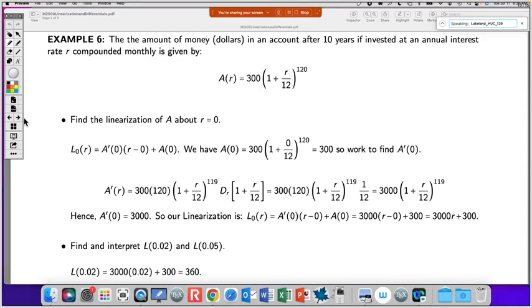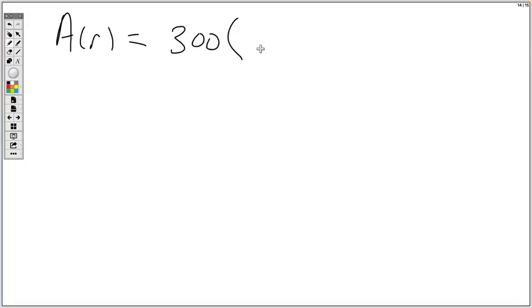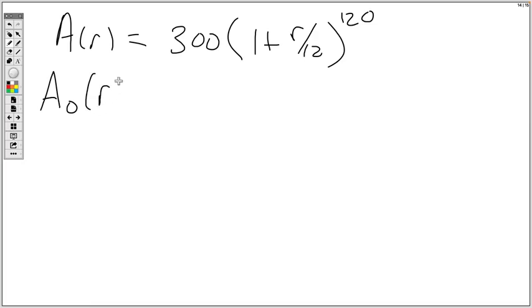Okay, so A of r, the amount, is a function of the interest rate: 300 times (1 plus r over 12) to the 120th power. And they want the linearization at 0. Now if you think about it, interest rates like 2%, 1%, 0.5%: 1% is 0.01, right? 0.5%, 0.005.